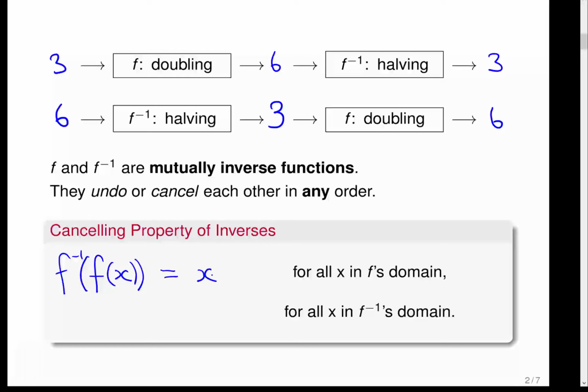So the operations of f and f inverse cancelled each other out. And since f and f inverse undo each other in any order, we can apply f inverse first, and then f, which also recovers the original input.